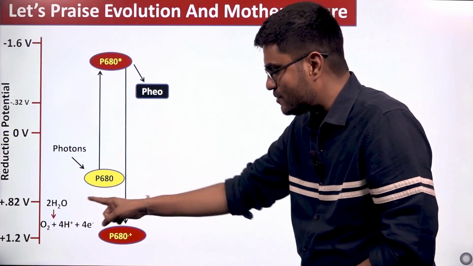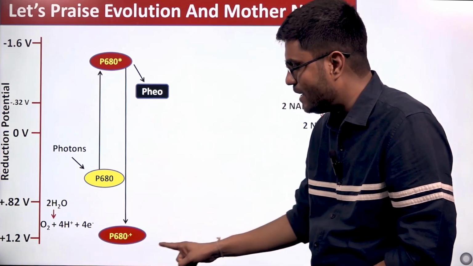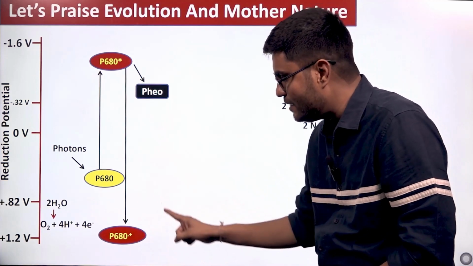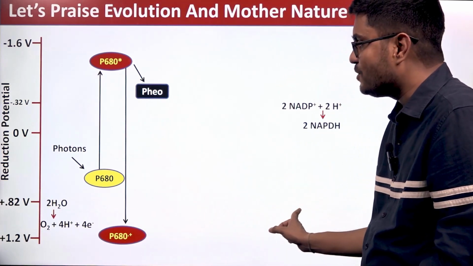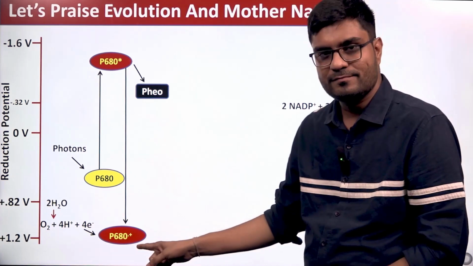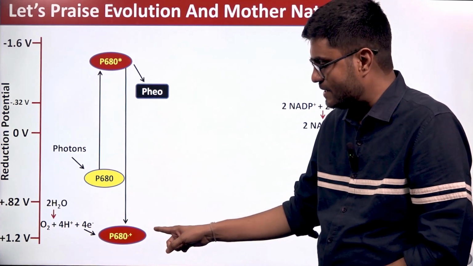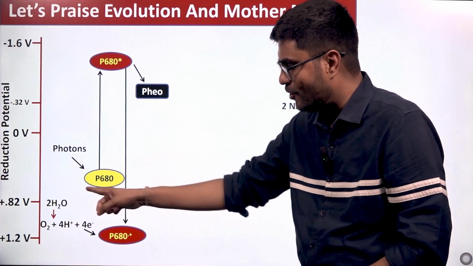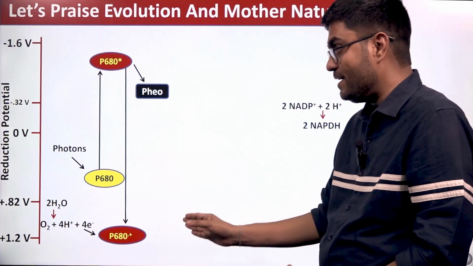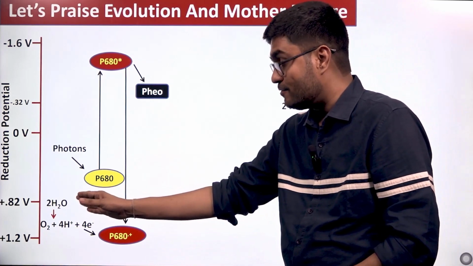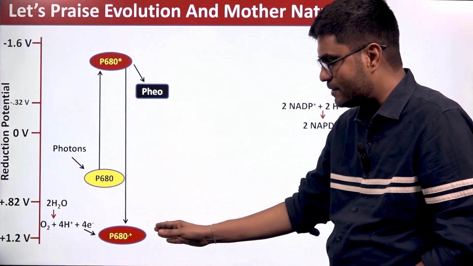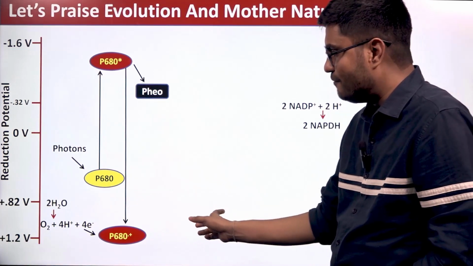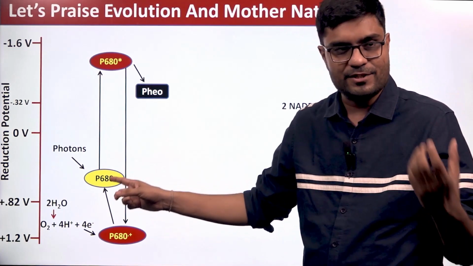Now water has found a species nearby which has a higher reduction potential, so it has to give its electron. This P680 radical ion will accept the electron from water, because now the electron can be given from low reduction potential to high reduction potential, and it will convert back into normal P680.